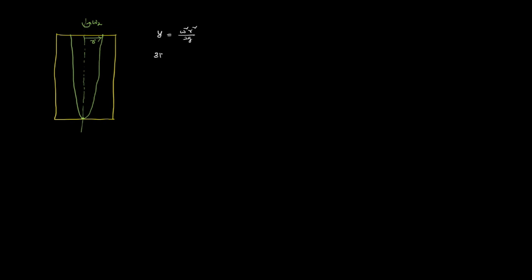I don't know the radius r, but applying the parabolic equation, y will be 3h, because the entire height value is 3h. So 3h is equal to omega 2 square r square by 2g. This is one equation, and the second equation I can get from volume.